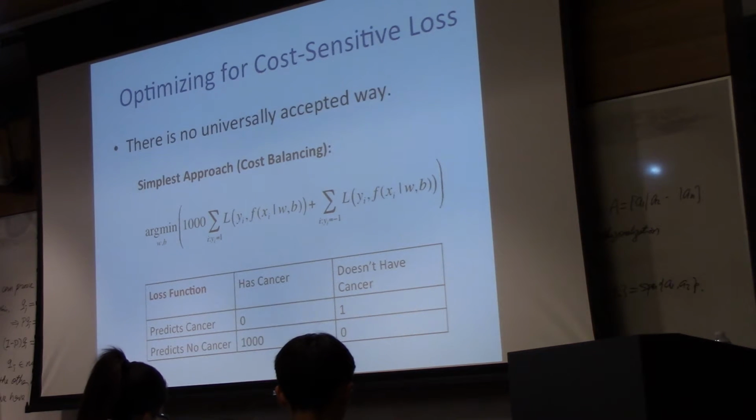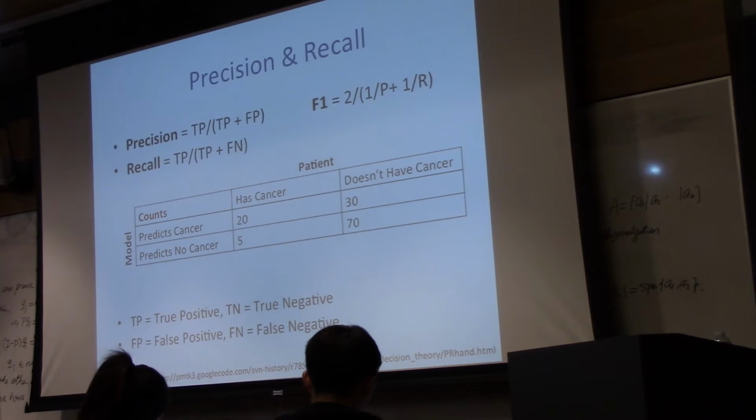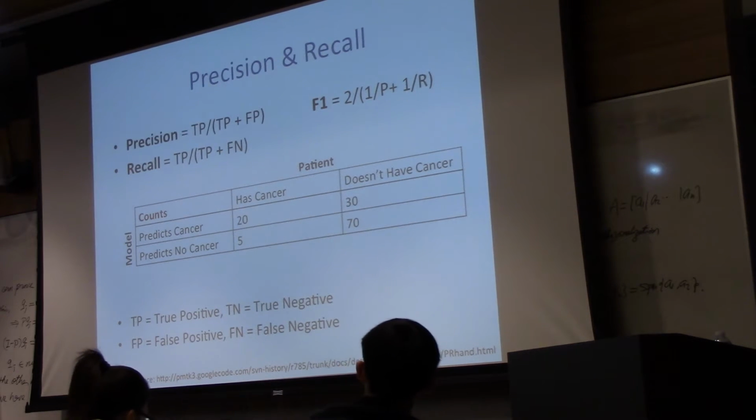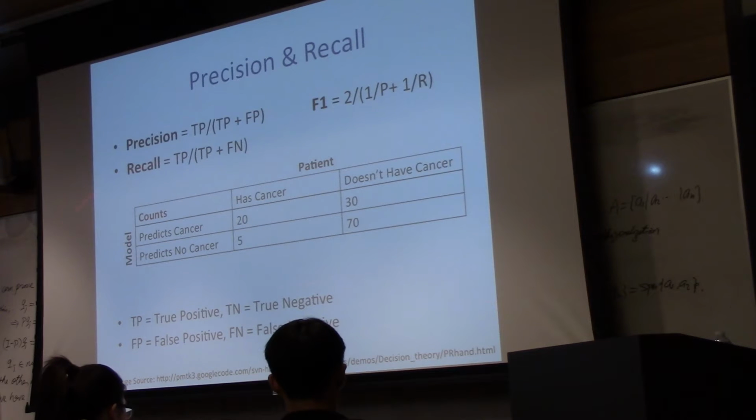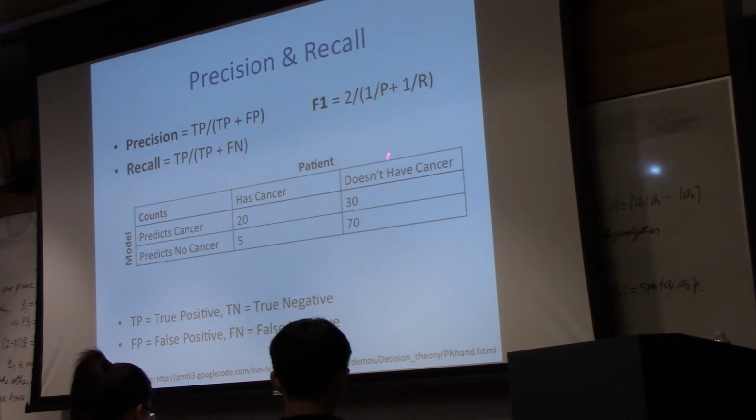Okay, so accuracy and asymmetric 0-1 loss type concepts are not the only way we can think of evaluation. Two other types of evaluation are precision and recall. So imagine that we have this table where there are, I believe, 125 patients in this test set. 25 of the patients in the test set have cancer, and 100 of the patients in the test set do not have cancer.